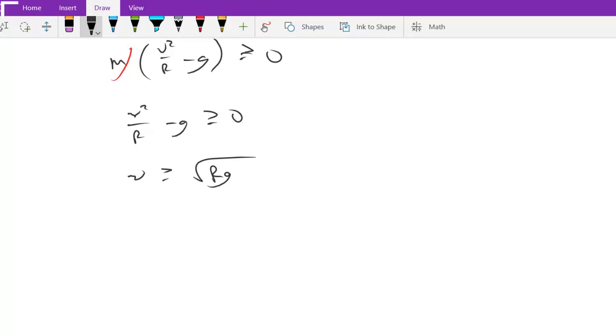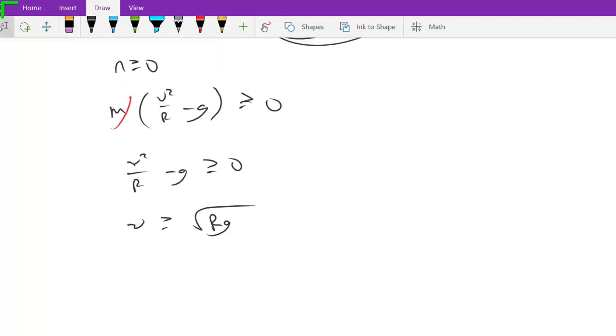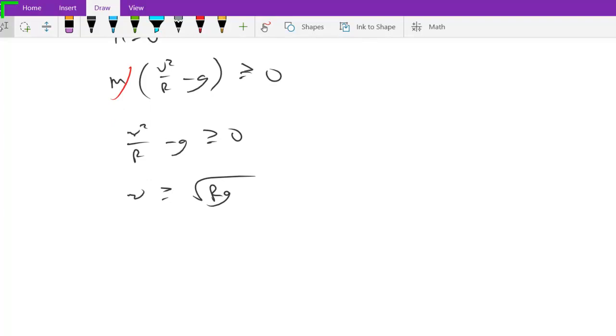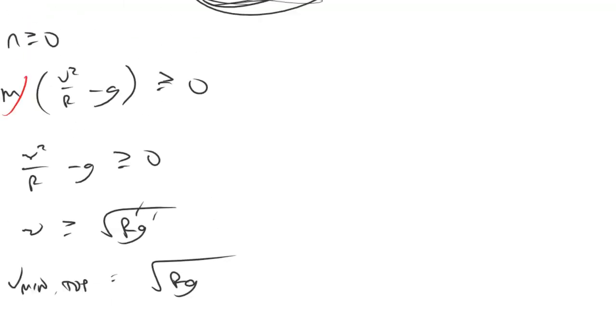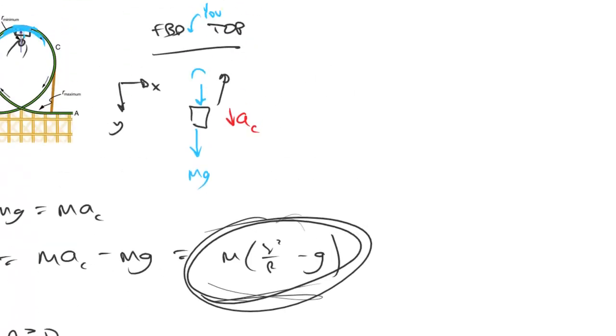So we solved this for how fast we need to go in order for there to still be a normal force. The speed must be greater than or equal to the square root of the radius times the acceleration due to gravity in order for there still to be a normal force. So we say this is the minimum speed at the top. V minimum at the top of the roller coaster ride would be equal to the square root of rg. Otherwise, the acceleration due to gravity is too great and the person falls out.